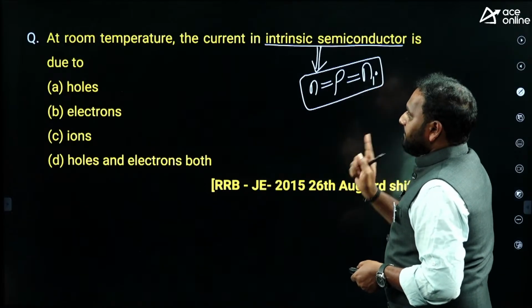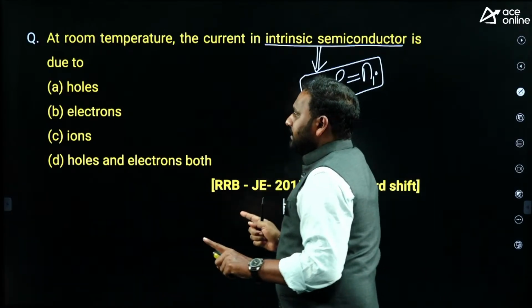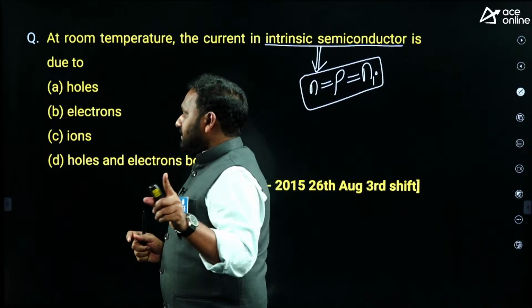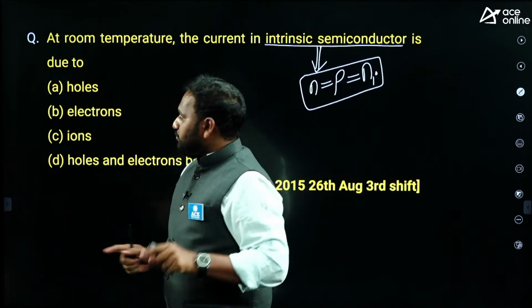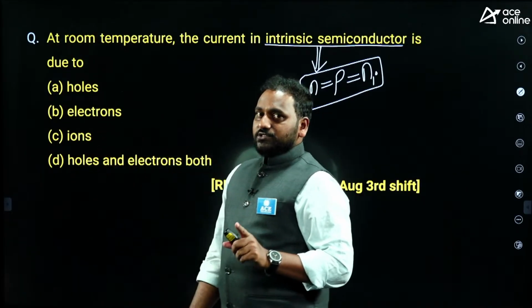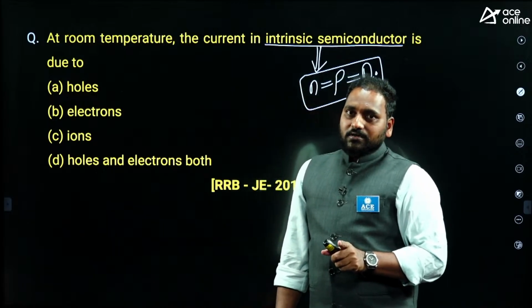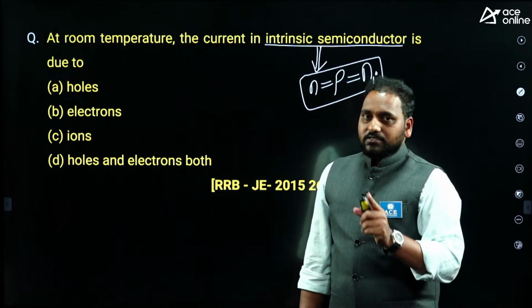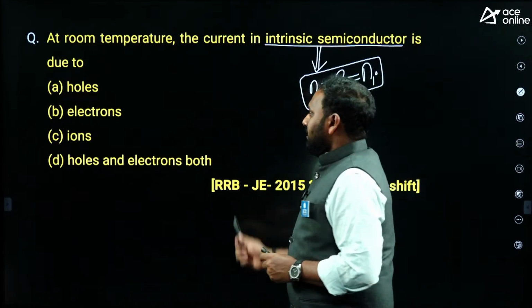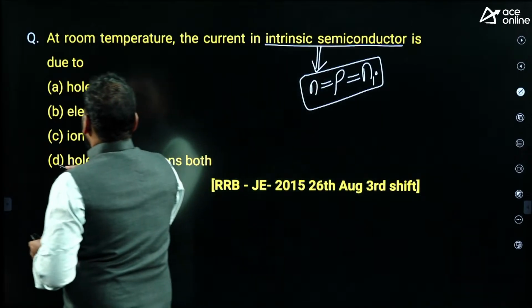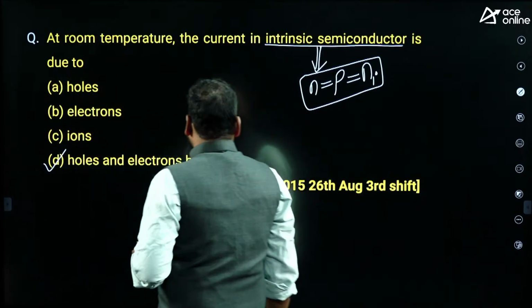In intrinsic, both. But in any material, current is never due to ions and atoms. There is no momentum in ions and atoms. Current is mainly due to electrons or holes or both. So as per the question, holes and electrons both participate in current conduction.